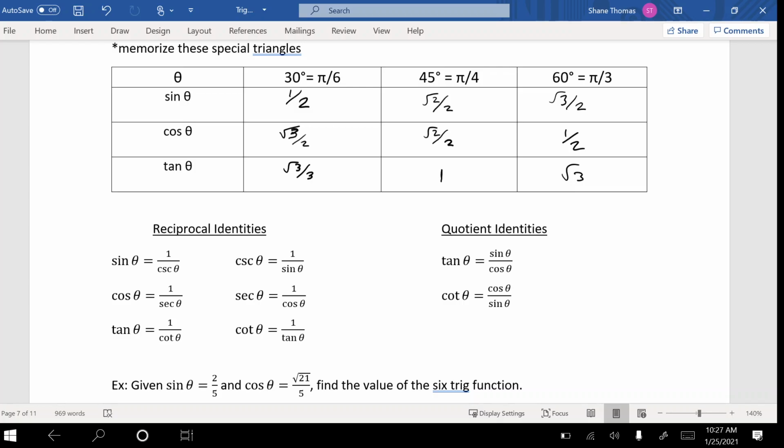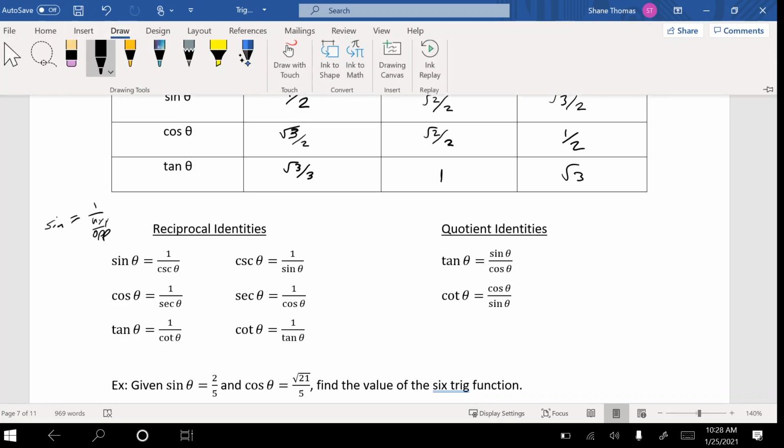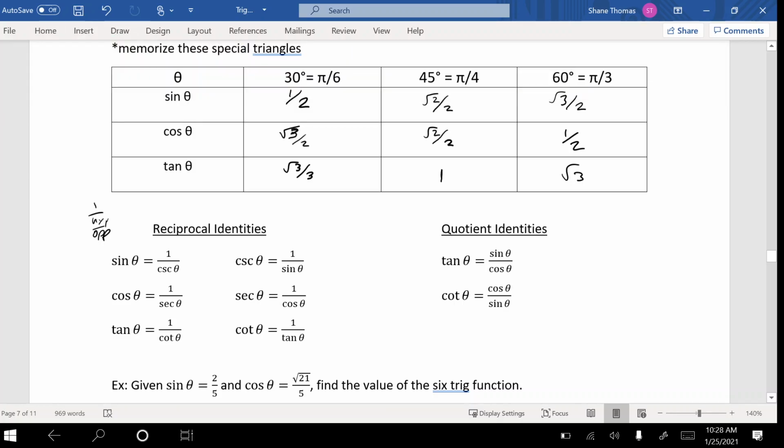So if I do this, sine equals 1 over cosecant, which is 1 over hypotenuse over opposite. I just flip it and multiply, and you get back to opposite over hypotenuse. That's all these things are saying. You can use these to rewrite things if need be.